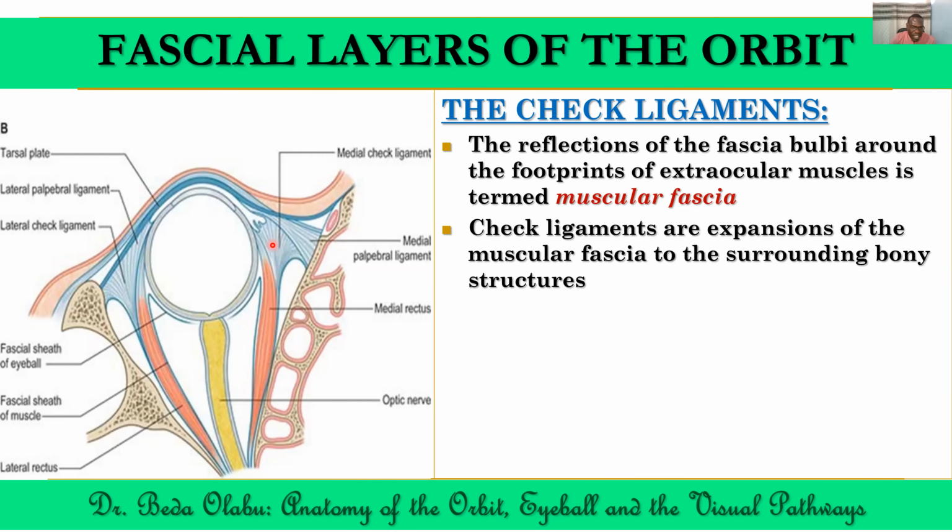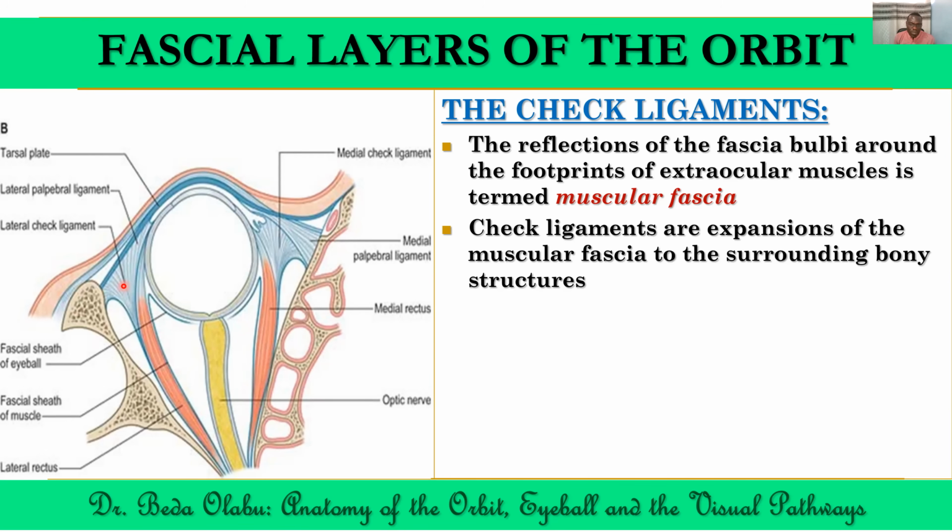Now we can see the expansion of the muscular sheath from the medial rectus to the surrounding bone. So this is a check ligament. And because it is related to the medial rectus, we call it the medial check ligament. We have a similar arrangement for the lateral rectus, which we call the lateral check ligament.